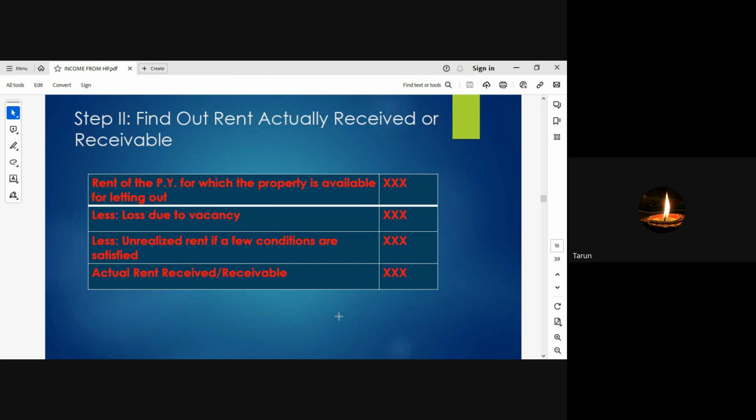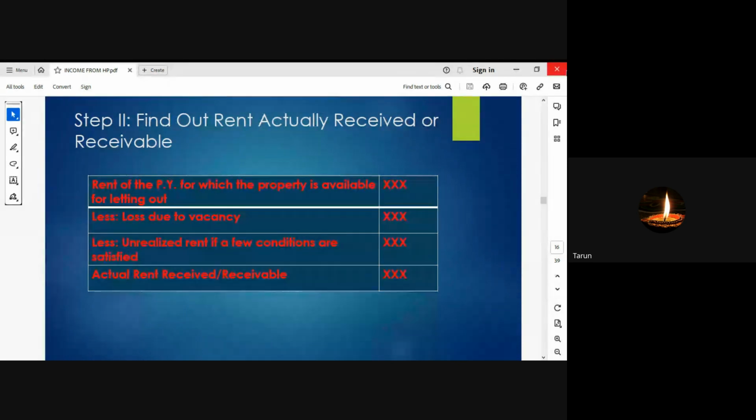Two things have to be deducted: the loss due to the vacant period, and the unrealized rent, the rent which has not been recovered during that previous year after letting out the property. Whatever remains is the actual amount received or receivable.